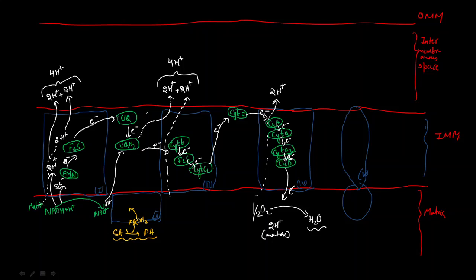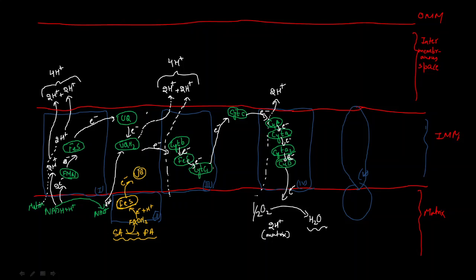So it is going to donate its electron as well as proton to the iron sulfur that is present here. And this iron sulfur is ultimately going to release the electron again, giving it to this ubiquinone that is present in the inner mitochondrial membrane.